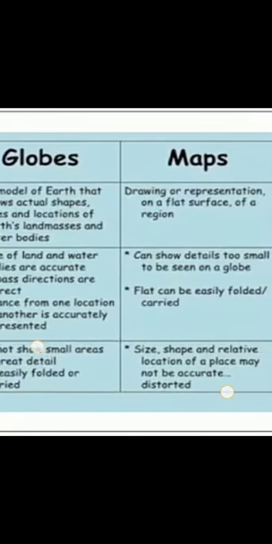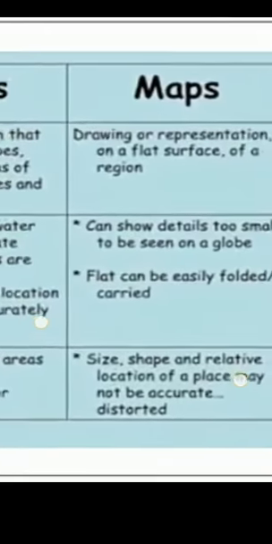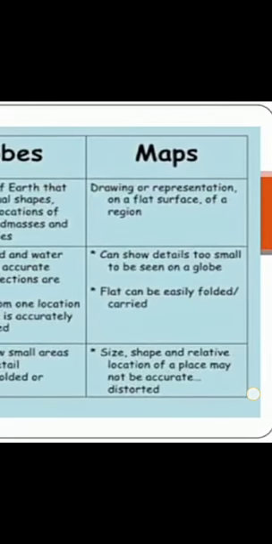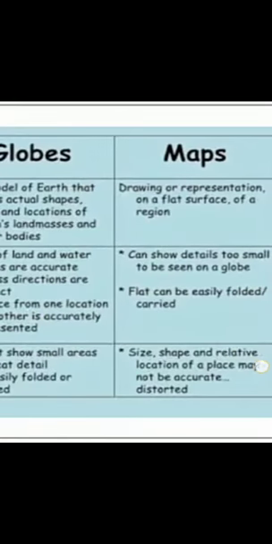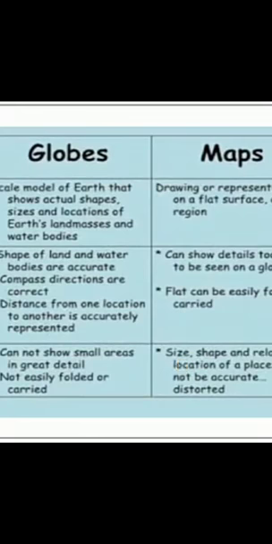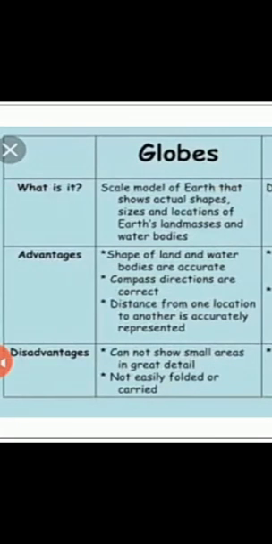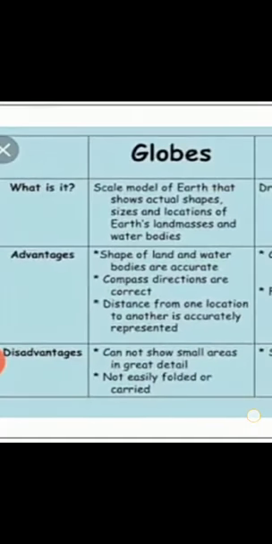But a map can show detail too small to be seen on a globe, and being flat it can be easily folded and carried. These are the advantages. Now we are talking about disadvantages. A globe cannot show small areas in great detail and is not easily folded or carried.